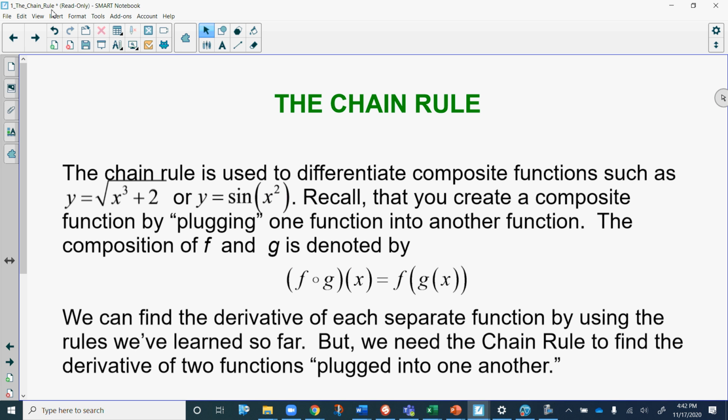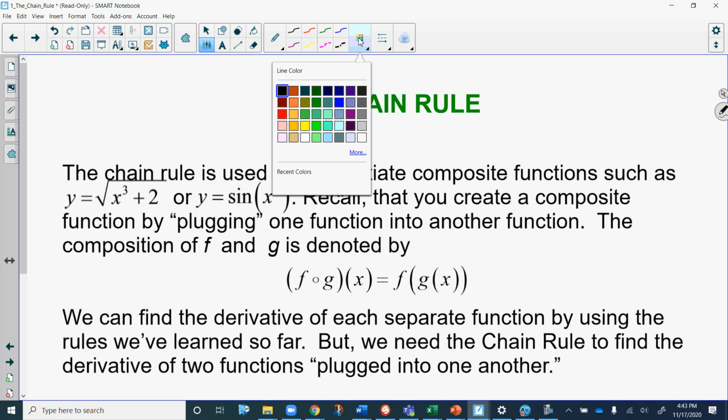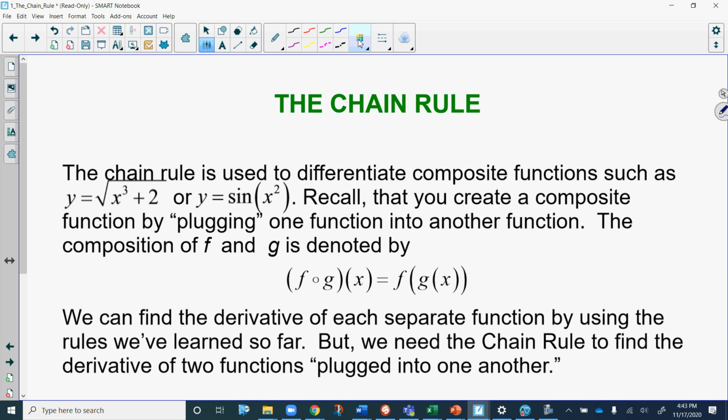And in those instances, when I would look at the chain rule, let me go ahead and get my pen set up the way I want it. Let's take a nice color here. We would look at it like this, where this is how we're showing the composite function for things that we're going to be taking the derivative of.